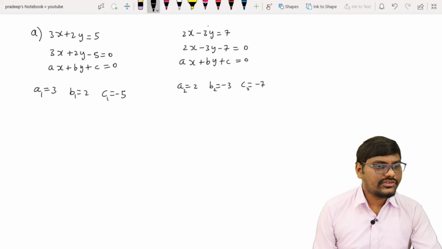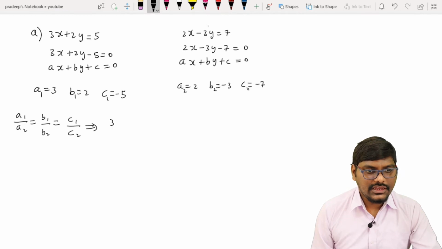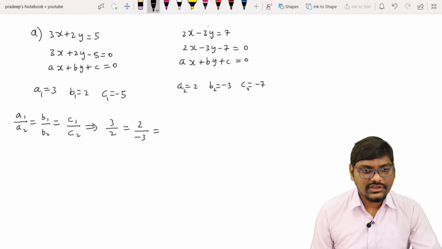So now we'll check the form a1 by a2 is equal to b1 by b2, which is equal to c1 by c2. So a1 is 3, a2 is 2, b1 is 2, b2 is minus 3, c1 is minus 5 and c2 is minus 7.